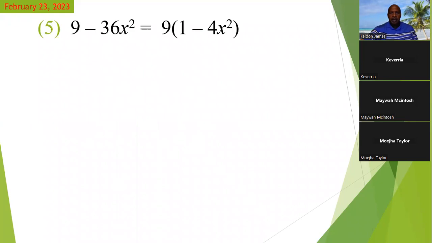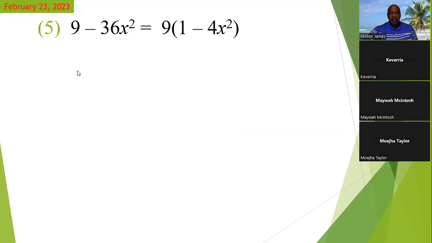All right, now look at this one though. Let me write this one: 9 minus 36x squared.